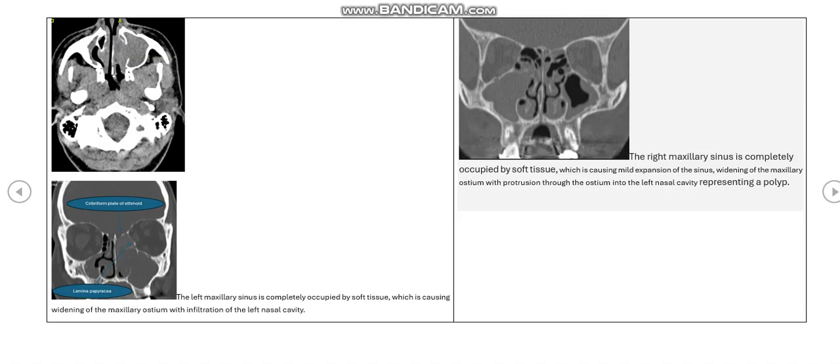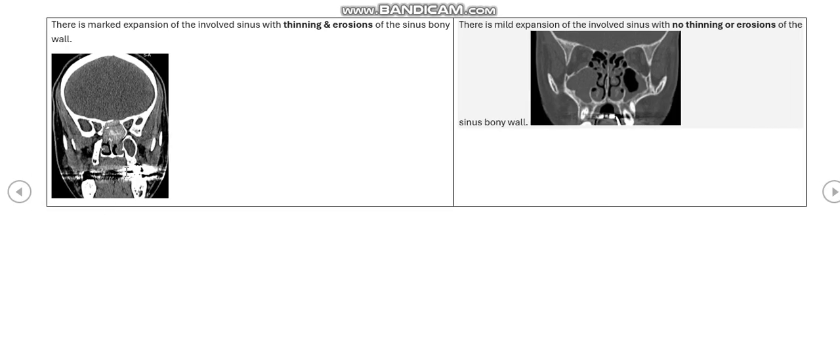However, in chronic allergic fungal sinusitis, they cause marked expansion of the sinus with thinning of its bony wall or even erosions of the bony walls without extension. This is not an invasive form.